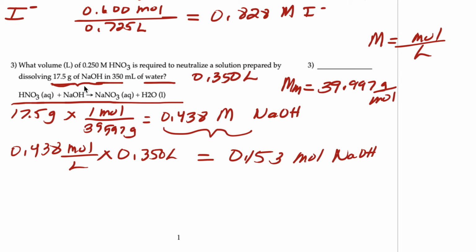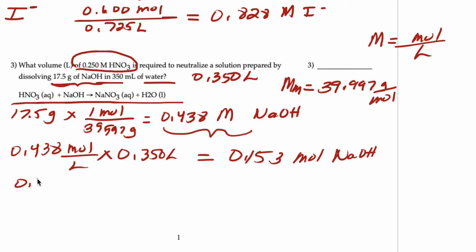Now it wants to know what volume of nitric acid is required to complete this reaction. We know from the reaction we have a 1-to-1 mole ratio of nitric acid to sodium hydroxide.